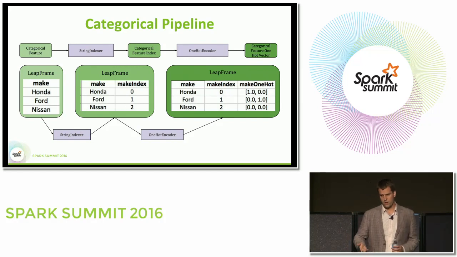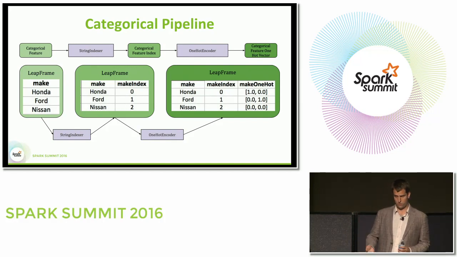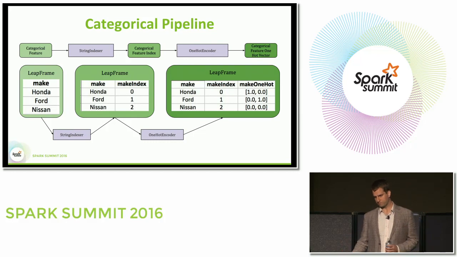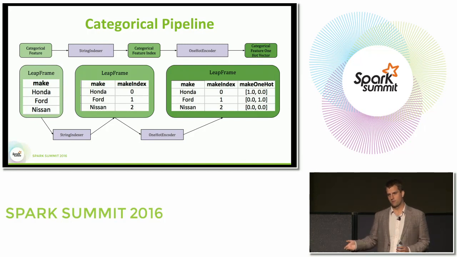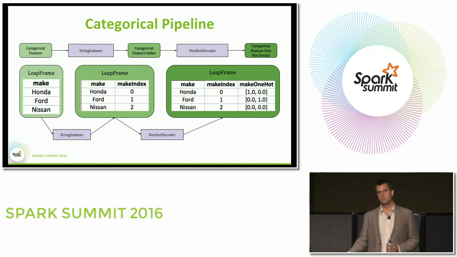In this case, the leap frame has one column called make and rows Honda, Ford, Nissan. And what you're doing when you send it through the string indexer is you're encoding Honda as a 0, Ford as a 1, Nissan as a 2. So literally all these transformers are doing is just taking your leap frame or data frame and pretty much just adding new columns to it.